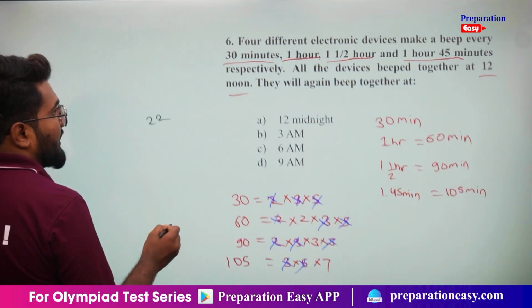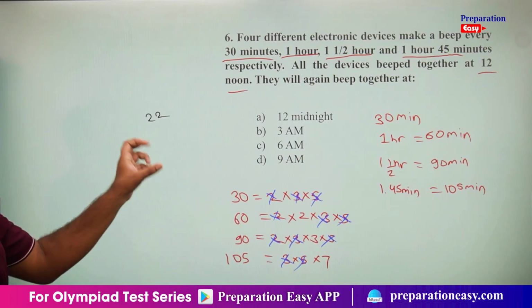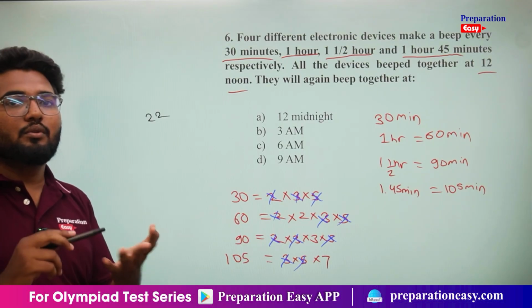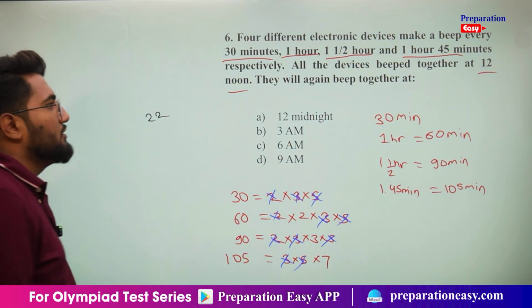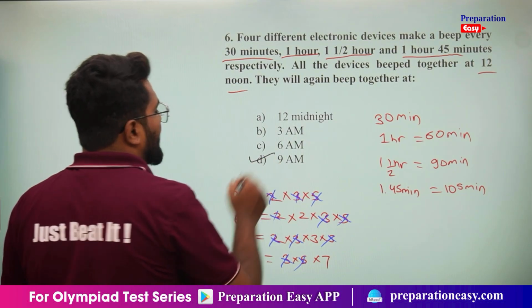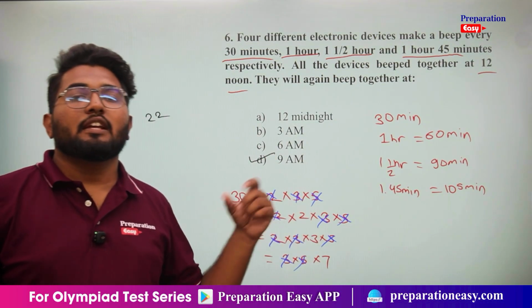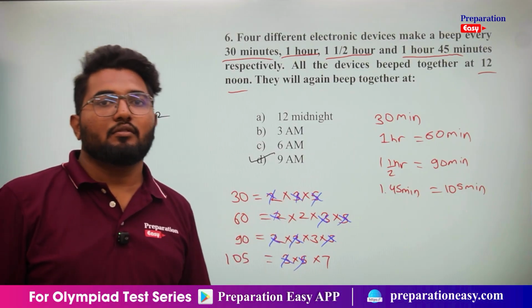So if I subtract 12 hours from 22, it will become 10 hours. So after 12, 10 hours, it will become 12, 1, 2, 3, 4, 5, 6, 7, 8 and last 9. So they all will be together again at 9 a.m. next day, 9 a.m.